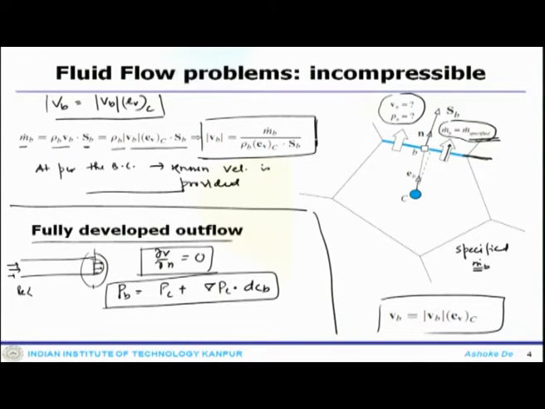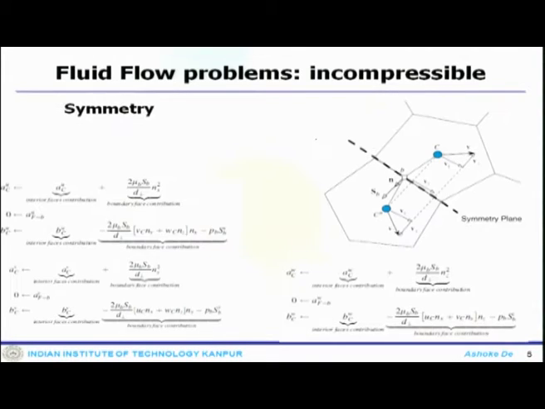Now, one more condition which could also be interesting to look at is the symmetry boundary condition. So, here is the plane of symmetry. Now, you can see this side could be an interior cell, and this is a cell which is imaginary, replicating the same interior cell, and the condition at this particular phase where the symmetry plane is, is supposed to be symmetry.